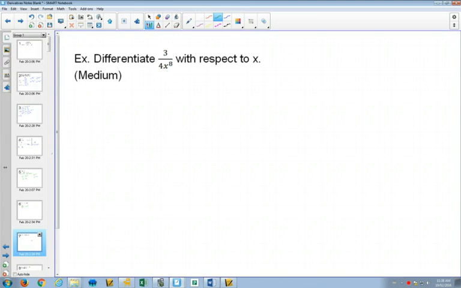So another way of asking to find the derivative is differentiate with respect to x. So this is just another way of saying, can you find the derivative? So if I made y equal to this function, can I find y prime?